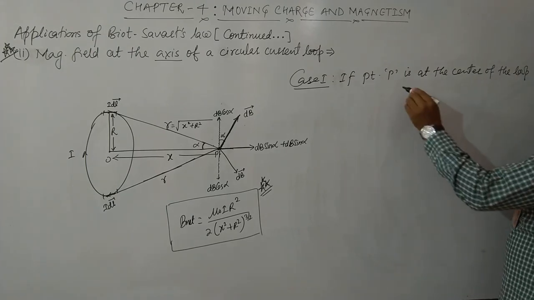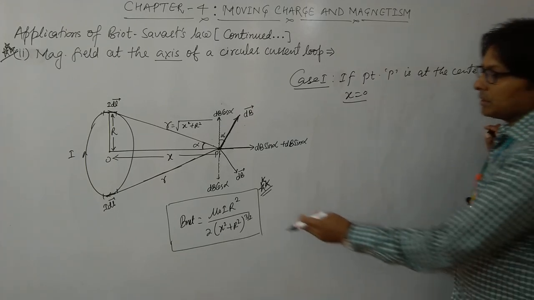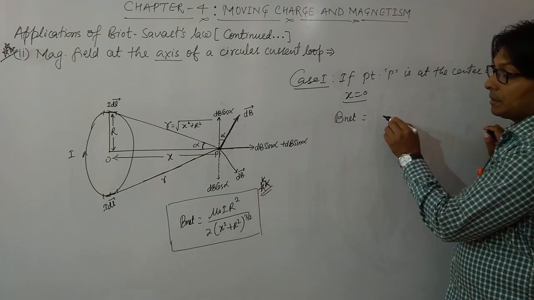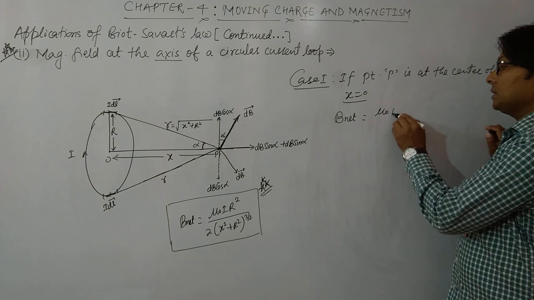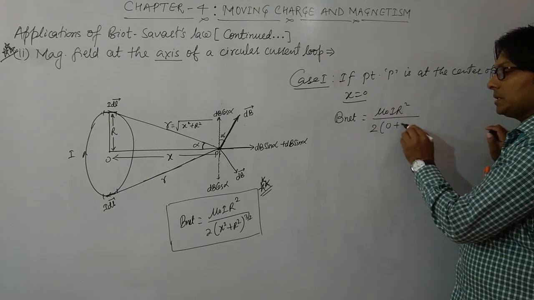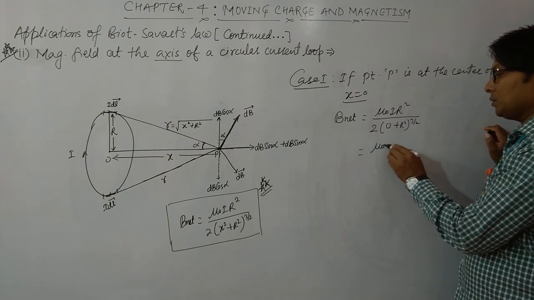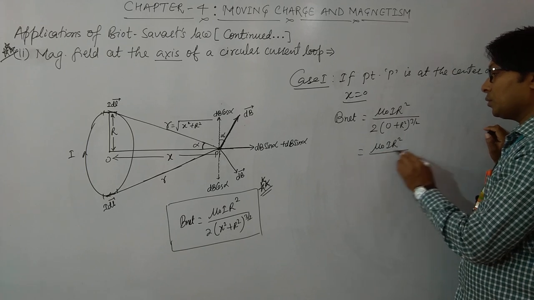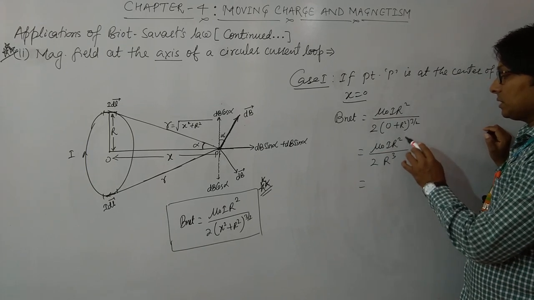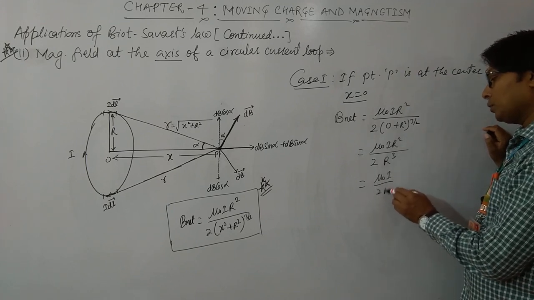So x becomes 0, and if x becomes 0, then from this equation the net magnetic field becomes mu 0 I r square upon 2 into (0 plus r square) raised to the power 3 by 2, and it will become mu 0 I r square upon 2 r cube, and this r cube will cancel out this r square, so it will become mu 0 I upon 2r.